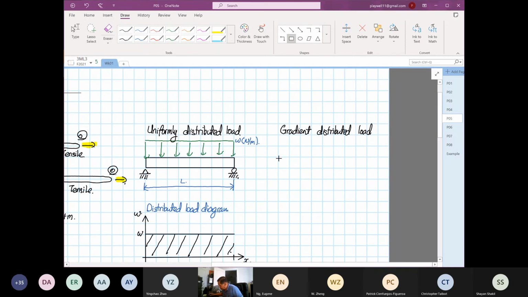So now again, this is our structure, right? This is our structure, and then our structure has a distributed load of a gradient. Okay, and this is what I call omega naught, for example.